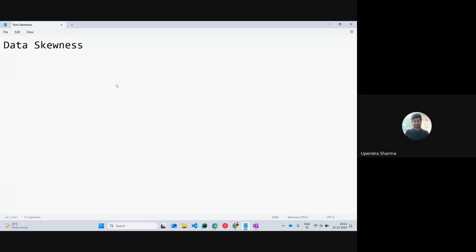Eventually Spark will take more time to process that particular partition, which is much greater in size, leading to data skewness. So in simple words, data skewness is the uneven distribution of data across partitions in Spark.